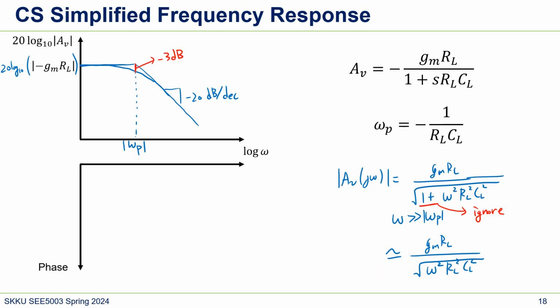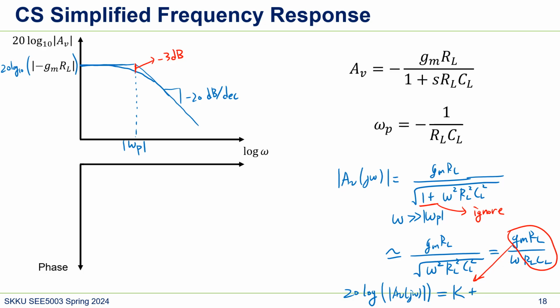If we take 20 log on omega, this part goes to a constant k, and the rest looks like minus 20 log omega, because there's only 1 over omega left.